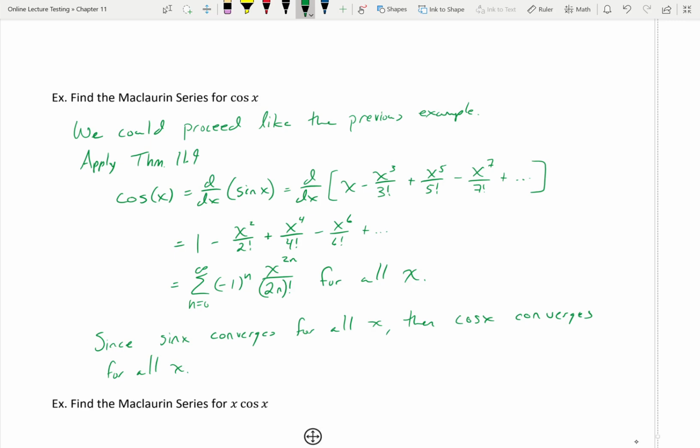This is established using Theorem 11.9, where we said if we take the derivative or antiderivative of a series, it also converges with the same radius of convergence. Since we're dealing with an infinite radius, cosine is going to converge for all values of x as well. That's the cool thing. We're not cheating, we're using the properties of these series.